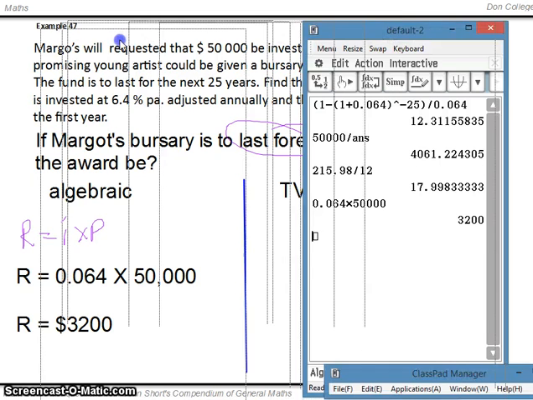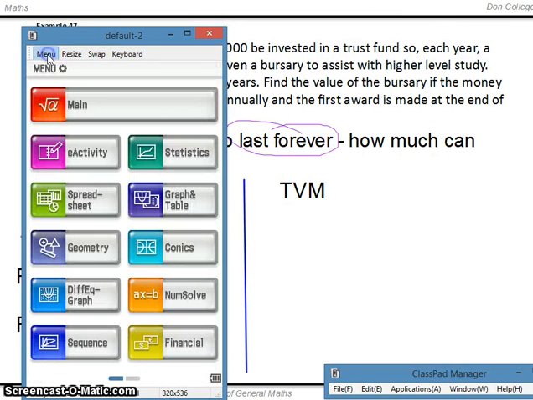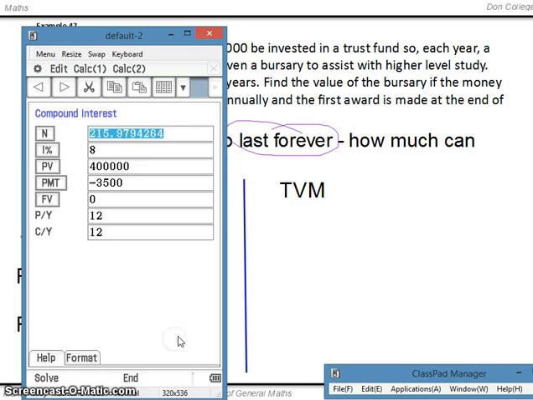There is another way to solve this using the TVM solver, which is this here. So if we put in 6.4% here, and we start with $50,000, the trick here is we're trying to work out the payment such that the final value stays at $50,000.